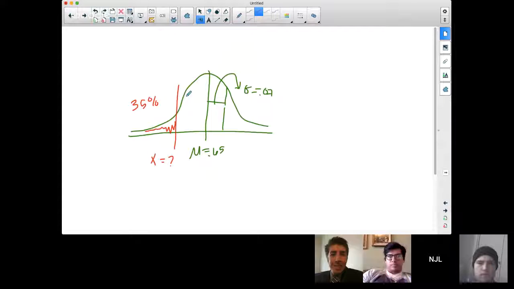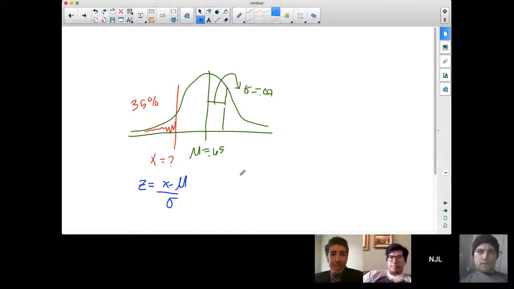So we're looking for the raw score, or the raw protein value, associated with the 35th percentile. And so the first thing we have to do is back it out. The next thing we have to do is get a z-score. So what does the applet tell you the z-score is? 0.385. And it should be negative because we're to the left. So be really cognizant of that.